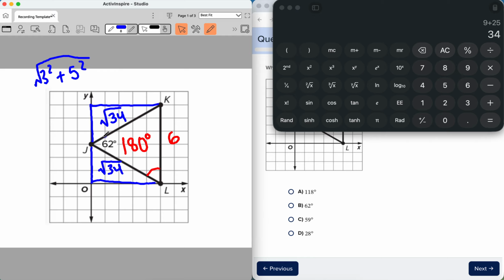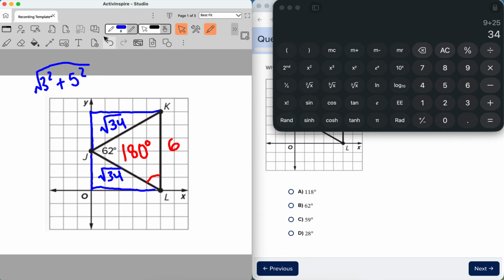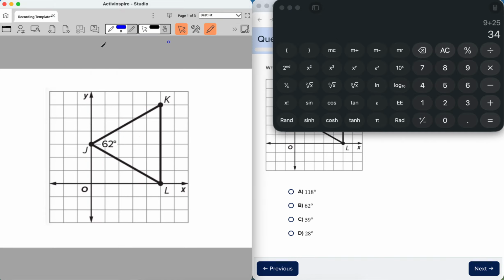These two sides are the same length. KL is different. So that is going to tell us something about the angles, which will be helpful.